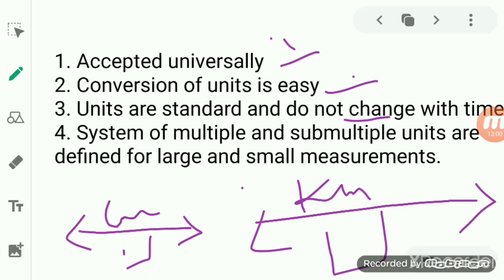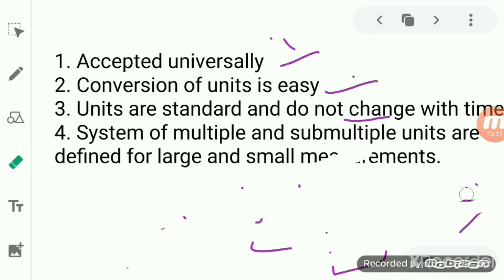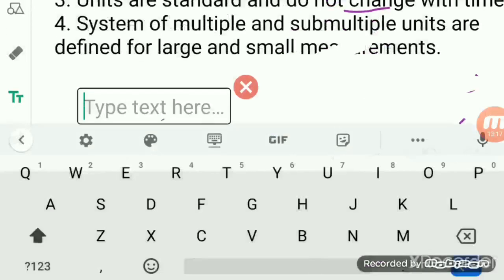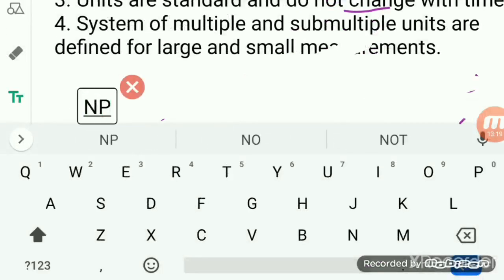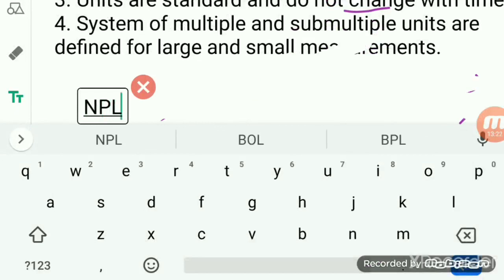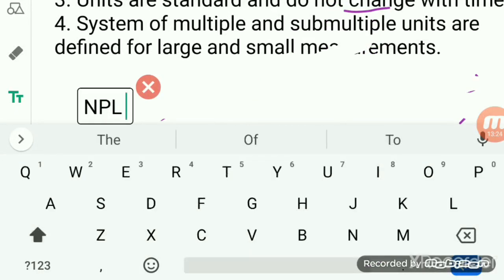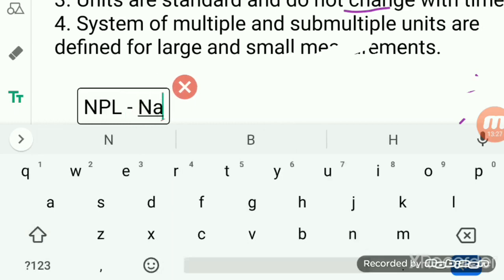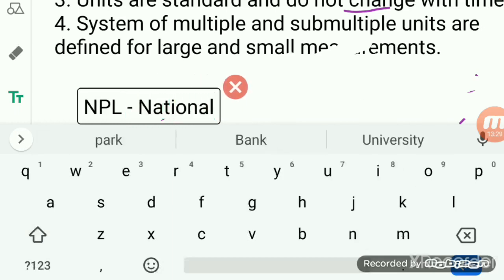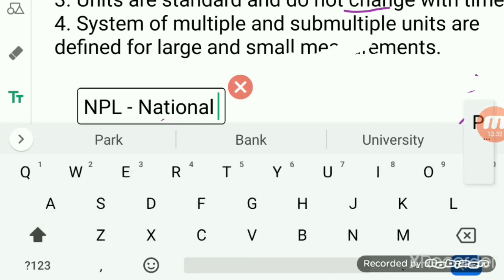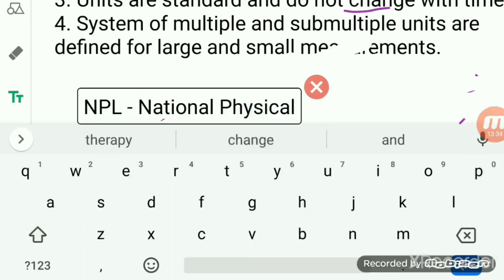Now if you see where this SI unit is maintained in India, there is a laboratory, and we use the term NPL for it. NPL is the National Physical Laboratory.